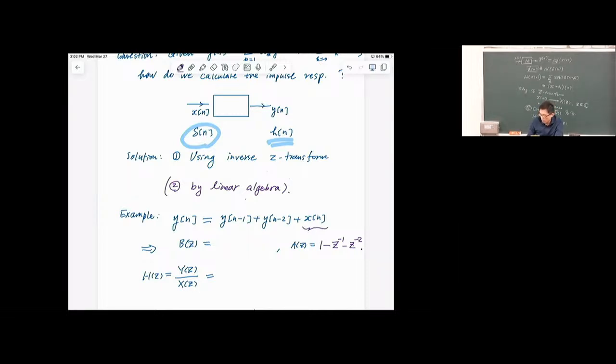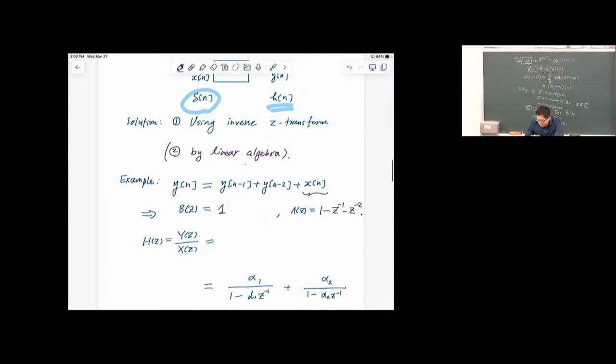Because here we have only one term, b of z is simply 1. So h of z, defined as y divided by x, equals b divided by a, which equals 1 divided by the polynomial 1 minus z inverse minus z inverse squared.